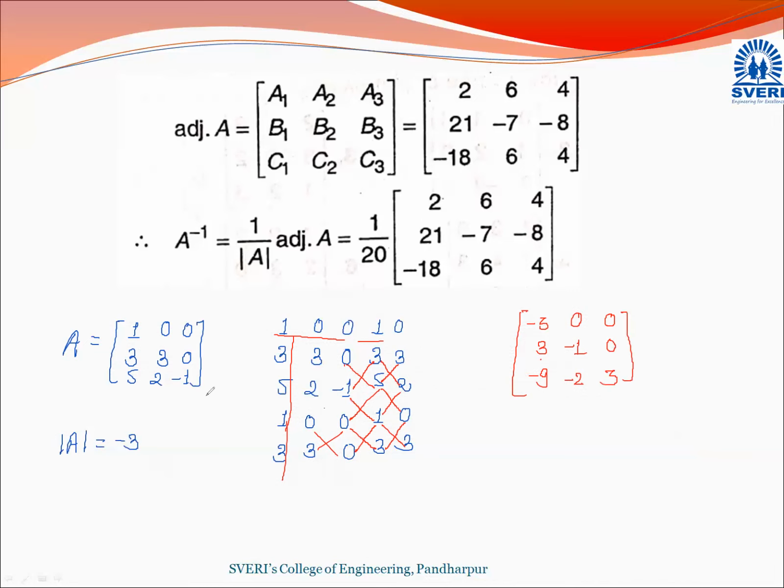So here we are getting that A inverse. A inverse is equal to 1 upon determinant of that matrix minus 3 into minus 3, 0, 0, 3, minus 1, 0, minus 9, minus 2, 3. This is the shortcut method to find out A inverse.